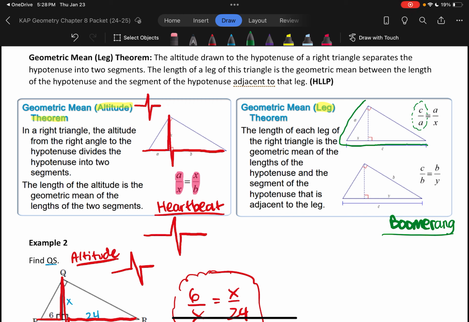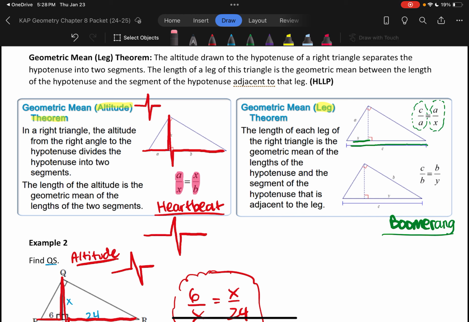And the boomerangs, they come back around, so now this is equal to A over X, which is the second ratio here. And so that's how the boomerang works. You work your way towards the missing leg and then wrap your way back around and stop at the hypotenuse piece X, in this case, the hypotenuse piece that is adjacent to your leg, right?